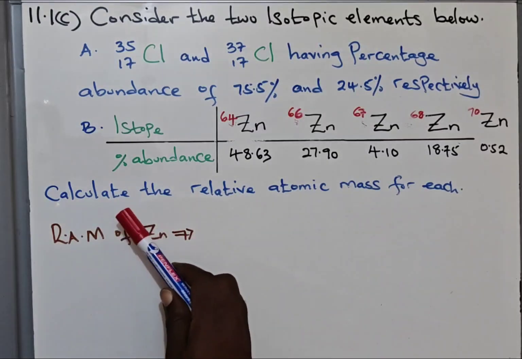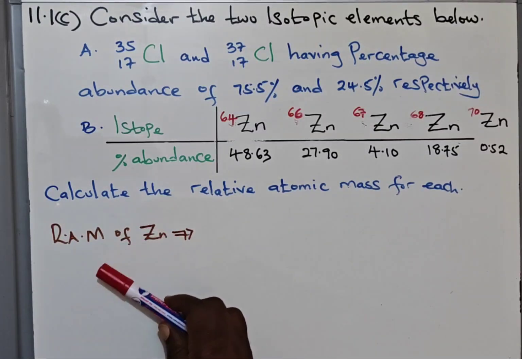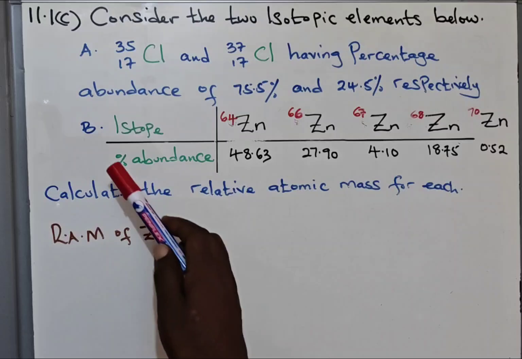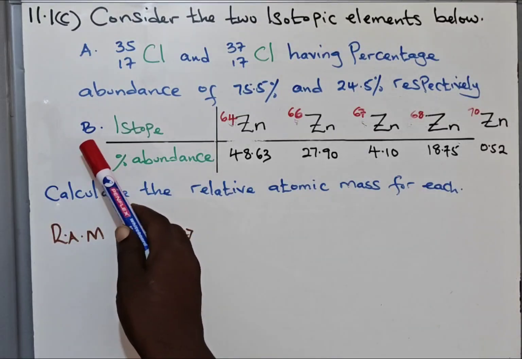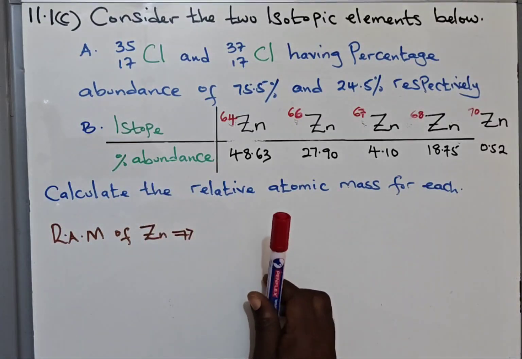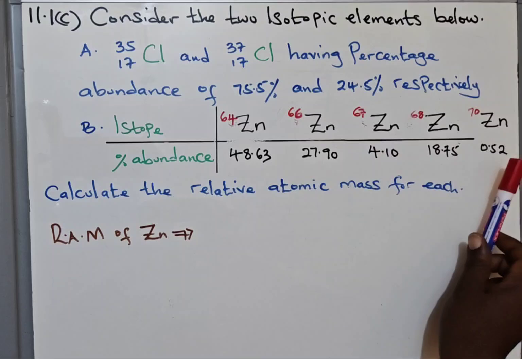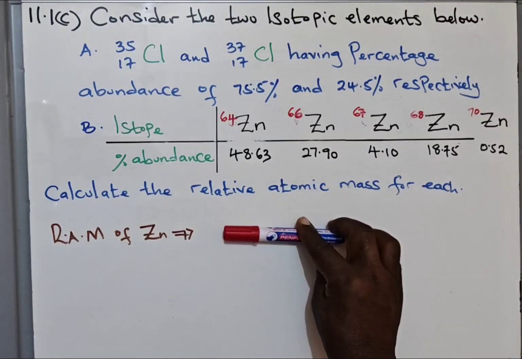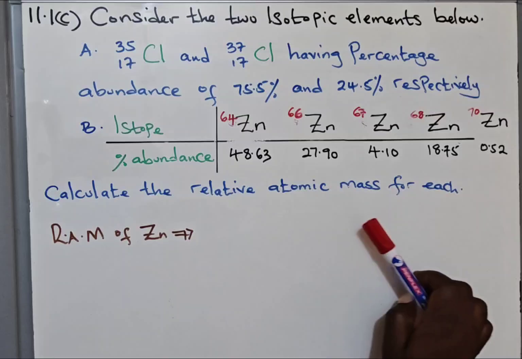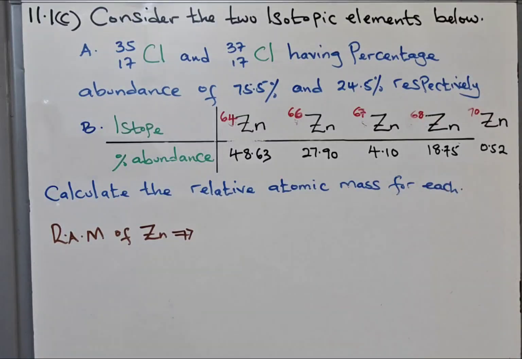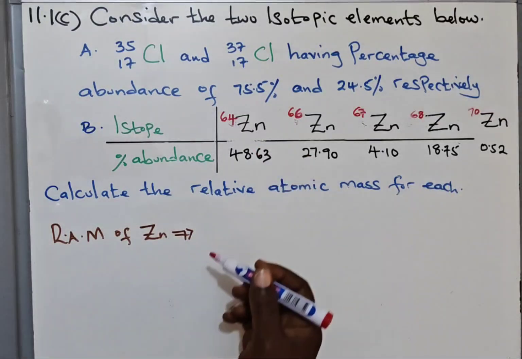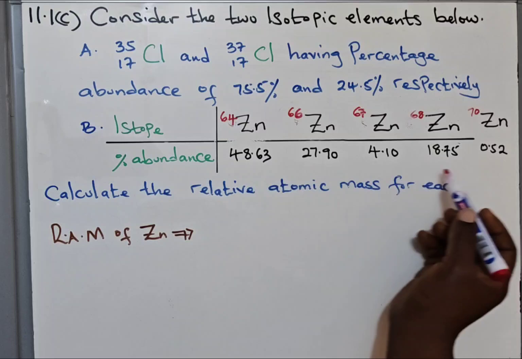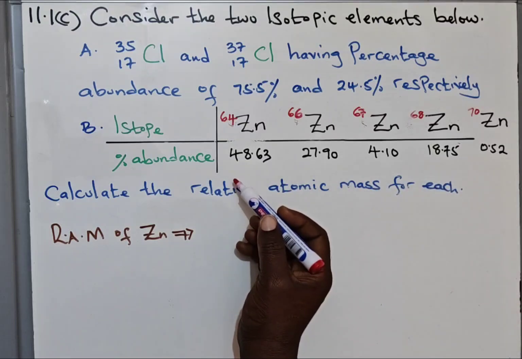Then we come to element B, which is zinc. Zinc has five isotopes, and we are required to calculate the relative atomic mass for it. What we have here are percentages.